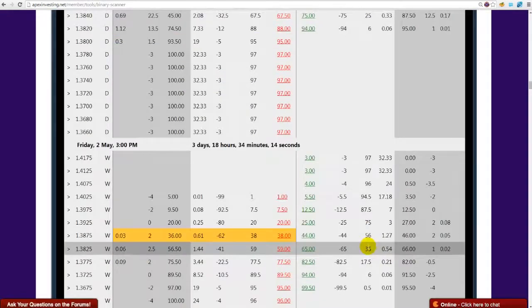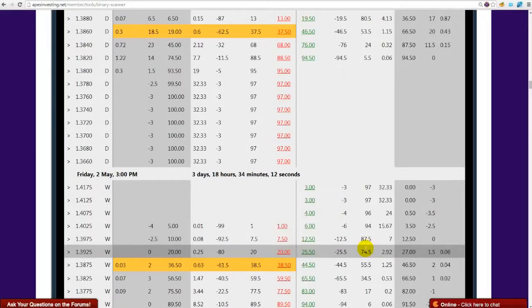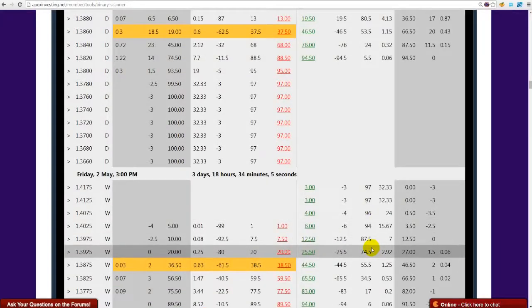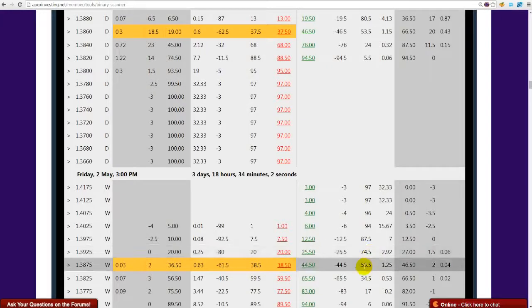So you're telling me that you're going to take on basically 2 more days of risk of the market moving against you for $1. 2 days of the market. What can happen in the next 2 days?